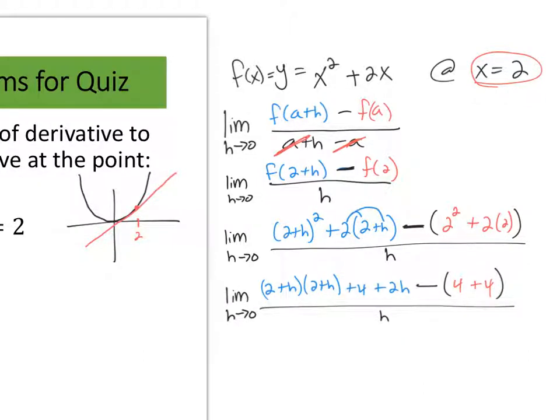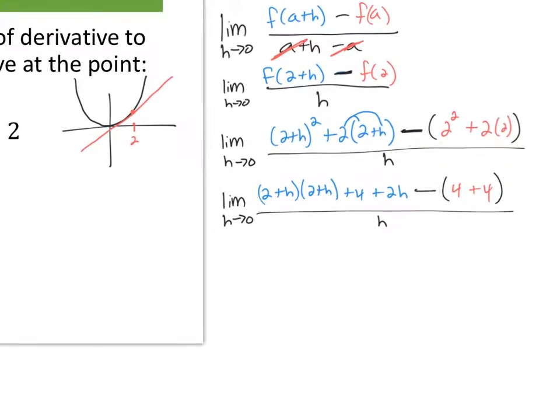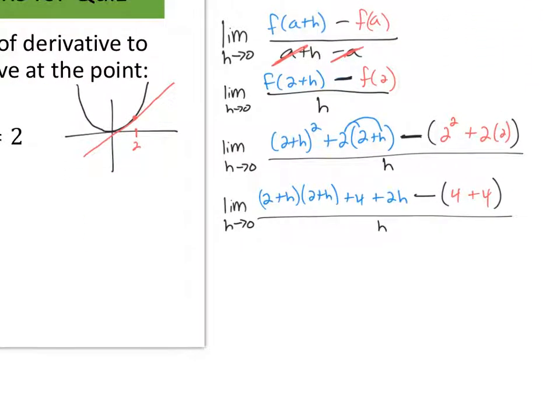Well, I've got to expand this out. I've got the limit as h approaches 0 of 2 times 2, so 4, 2 times h, so 2h, h times 2, so again another 2h, and h times h, h squared.